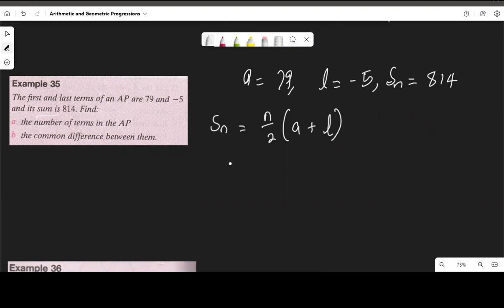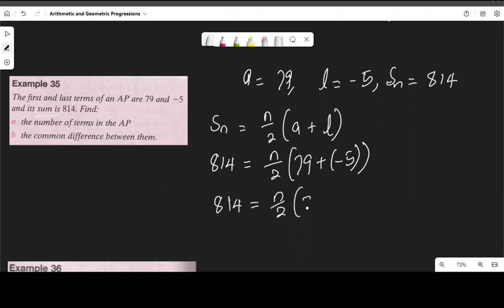So if we substitute all of this, I will have 814 equal to n, which is what we are looking for, the number of terms, over 2 multiplied by 79, the first term, plus the last term, which is negative 5. This will be 814 equal to n over 2 bracket 79 minus 5.